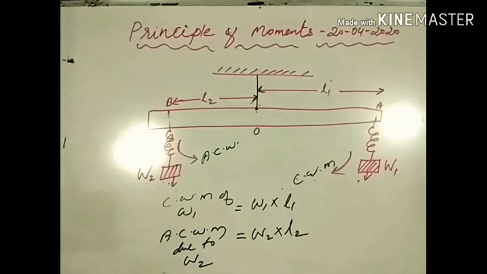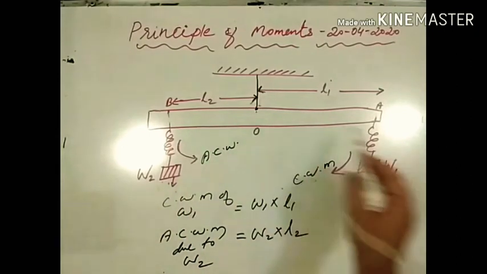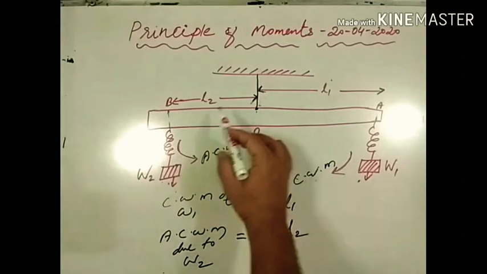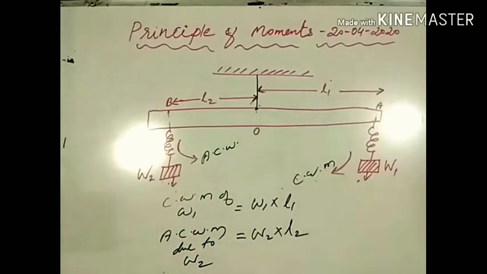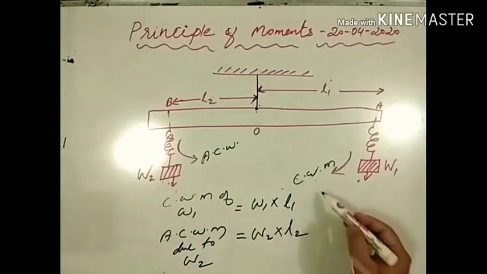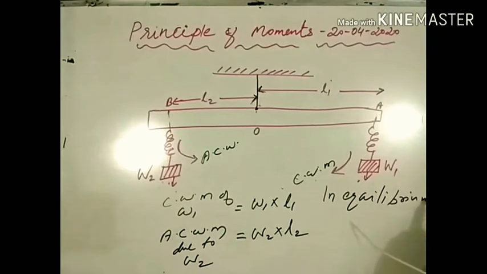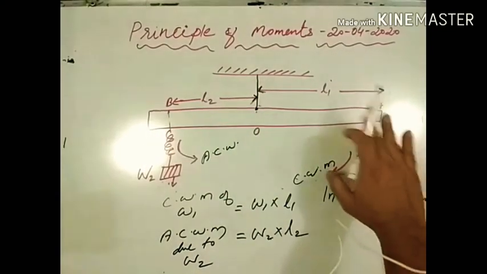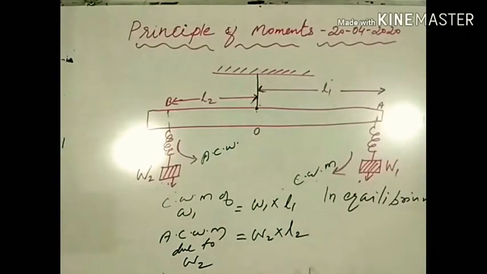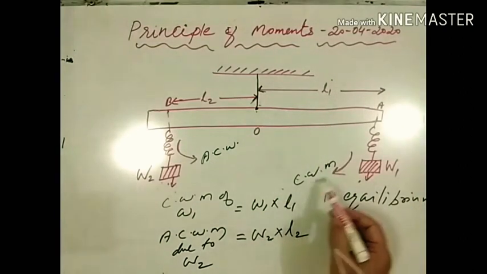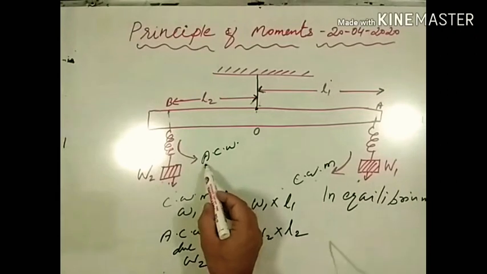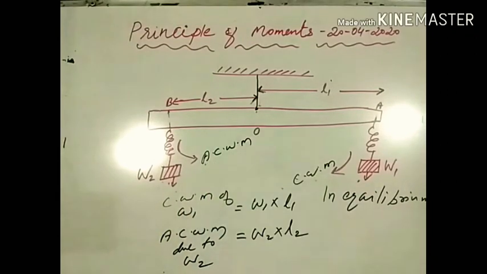Now when the body is in rotational equilibrium, it is obvious that when this meter rule is balanced and is not rotating, the magnitude of clockwise moment will be equal to the magnitude of anti-clockwise moment.